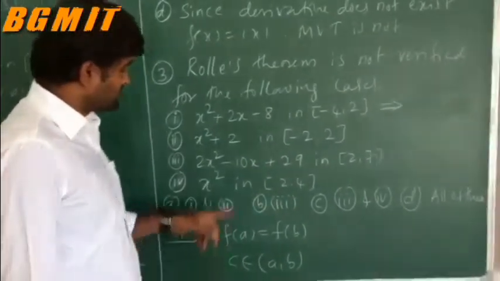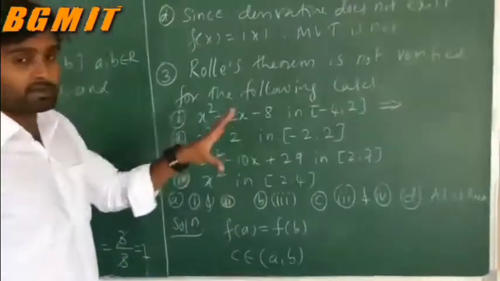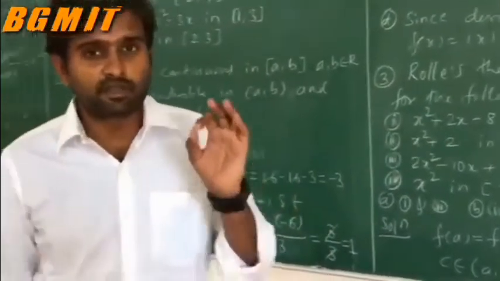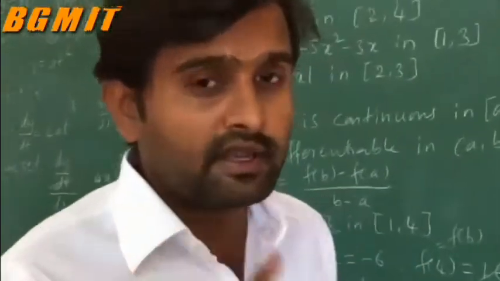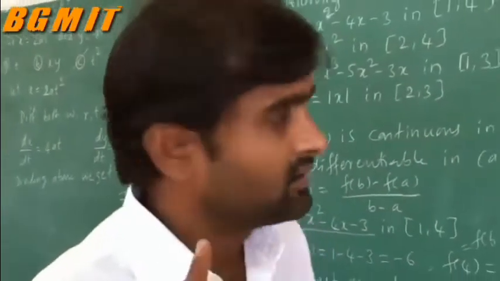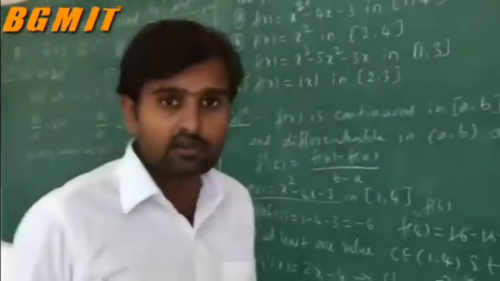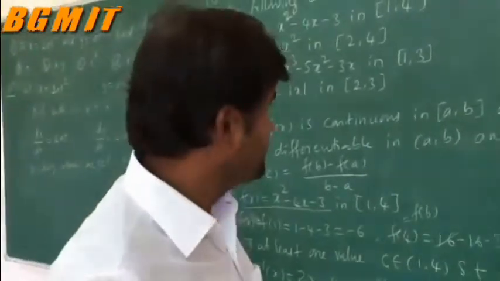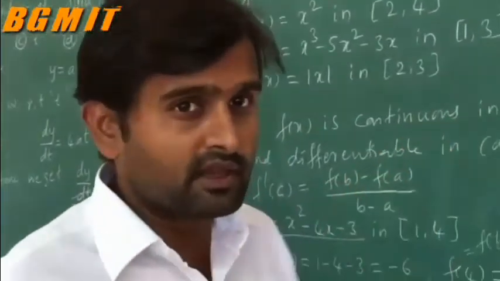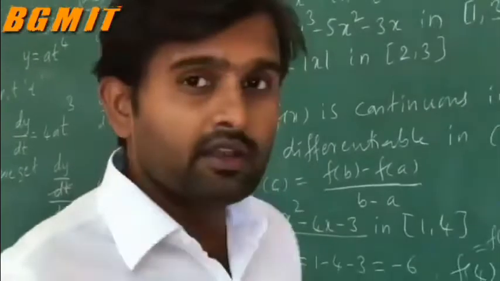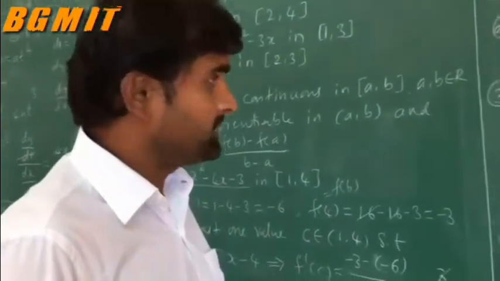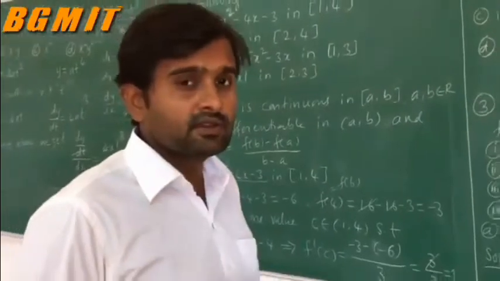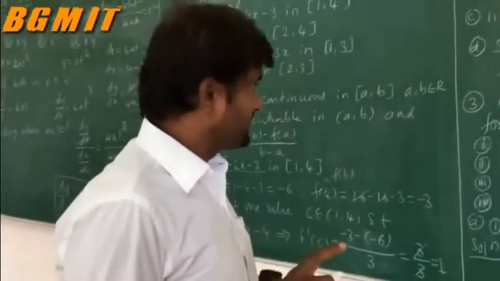Like this. So here is the Rolle's theorem statement. Here also, let f of x be a continuous function in the closed interval a comma b, where a and b are real numbers, and differentiable in the open interval a comma b.